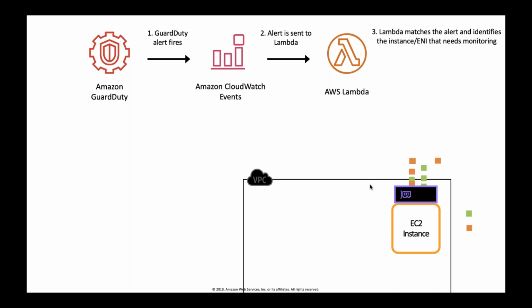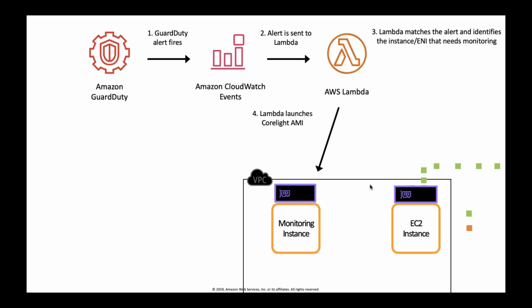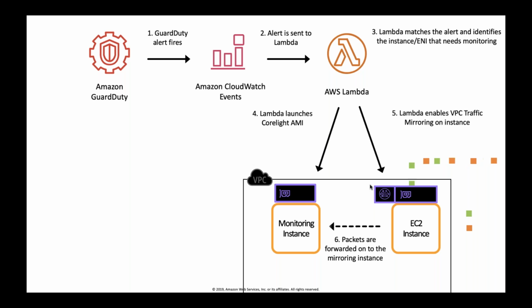That Lambda event can figure out where this alert was generated, what ENI, for instance, it has to monitor. It can automatically launch a Corelight AMI so that you can monitor the traffic. Then that Lambda event can initiate traffic mirroring on the source, or where the problem is.